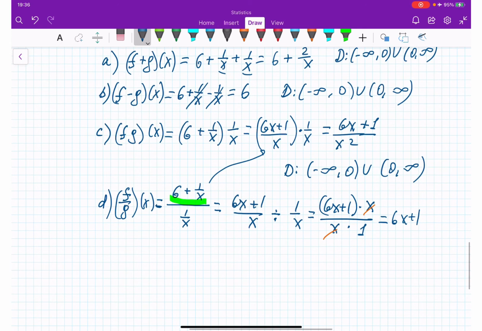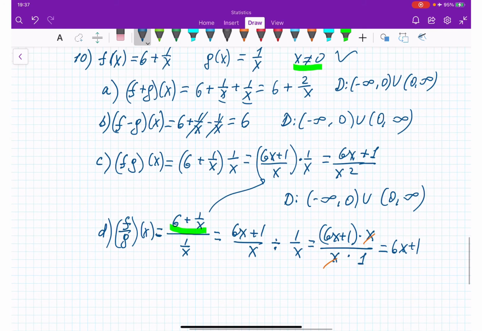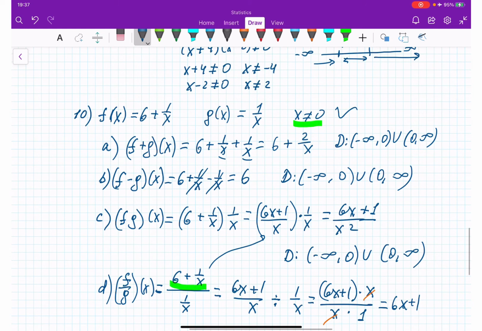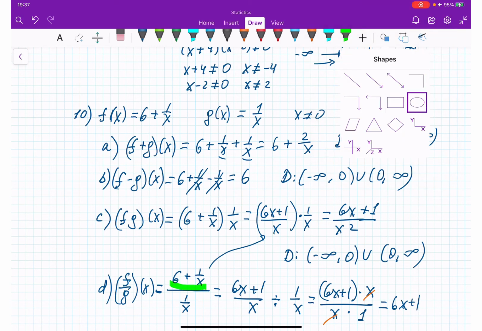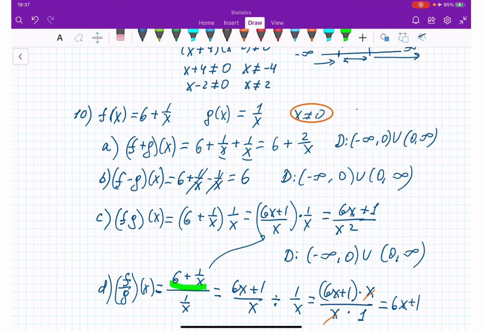So once we have 6x plus 1, per se, this 6x plus 1 itself would have domain negative infinity to positive infinity. But because this is a result of division, we cannot ignore this condition, x not equal 0, so I have to consider it.